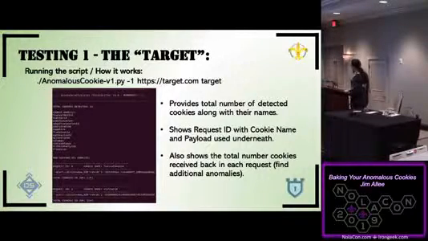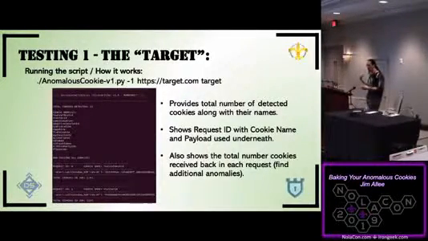It's going to be the URL. It's going to provide you the total number of cookies on the initial request here. So 13 cookies, and underneath, each fuzz request will have the cookie name, the payload used, and then how many cookies you got on that request. You get more cookies than that.